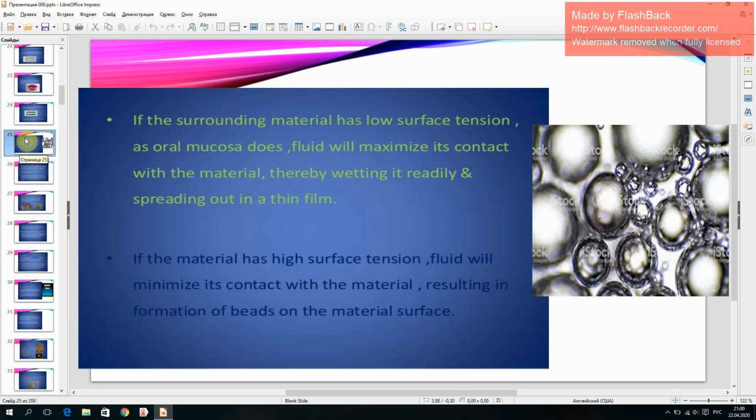If the surrounding material has low surface tension, as oral mucosa does, fluid will maximize its contact with the material, thereby wetting it readily and spreading out in a thin film. If the material has high surface tension, fluid will minimize its contact with the material, resulting in formation of beads on the material surface.